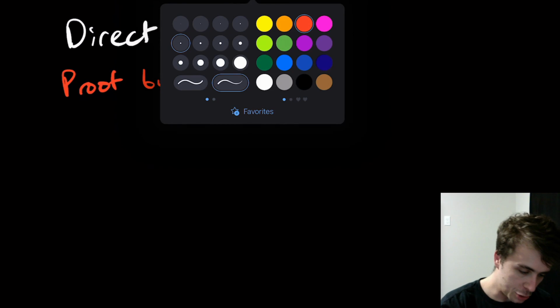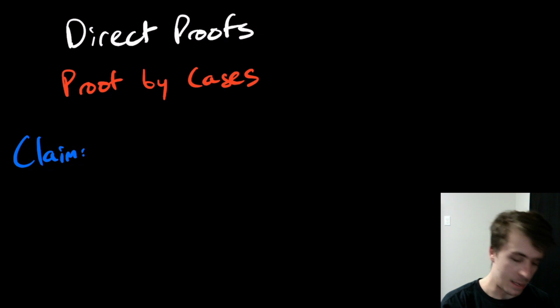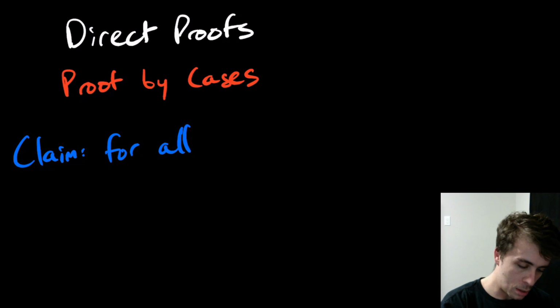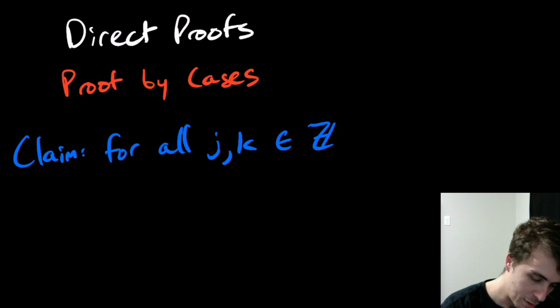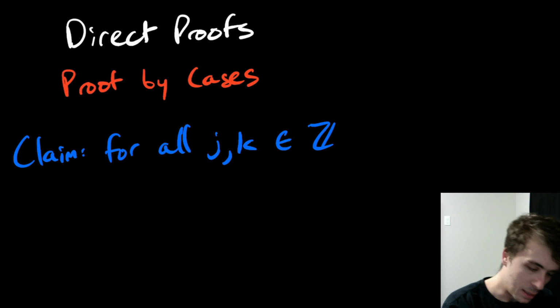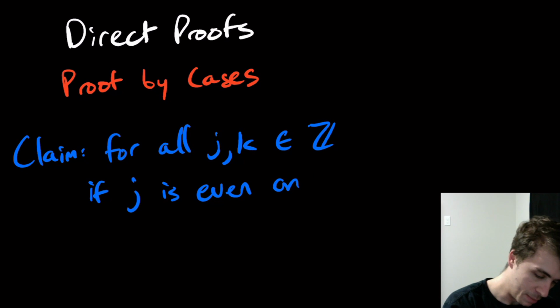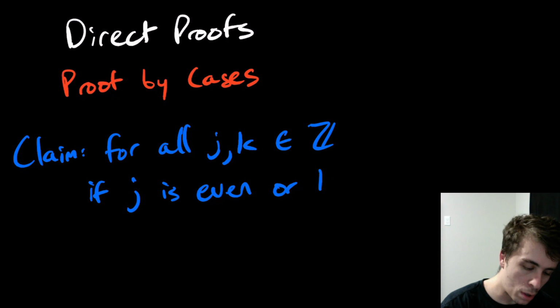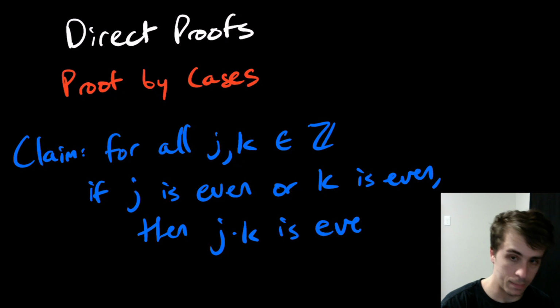So here's an assertion that I want to prove. Here's my claim: for all j and k being integers, if j is even or k is even, then j times k is even.